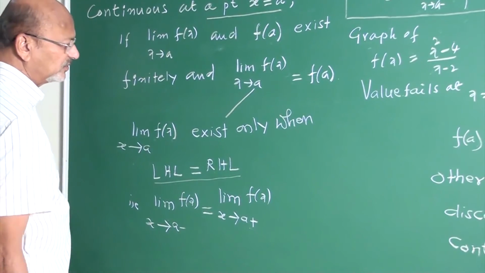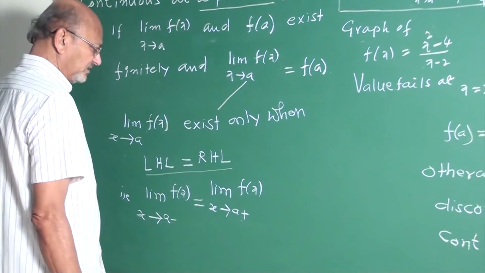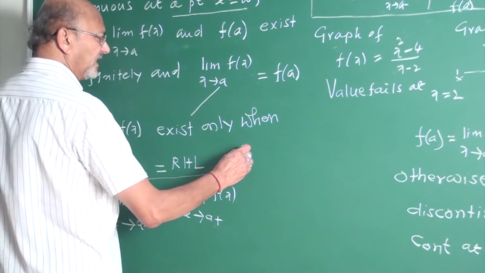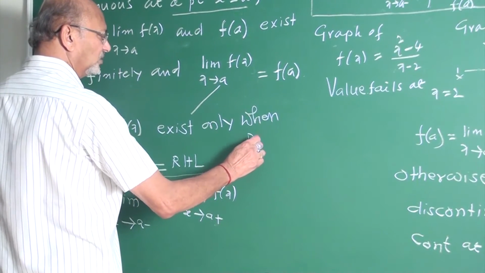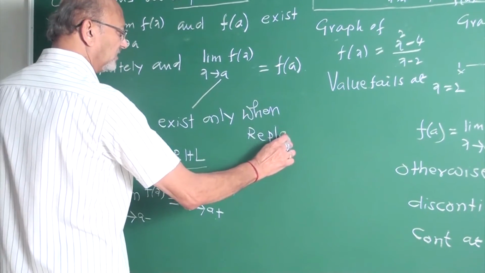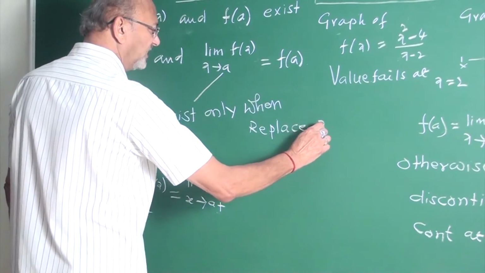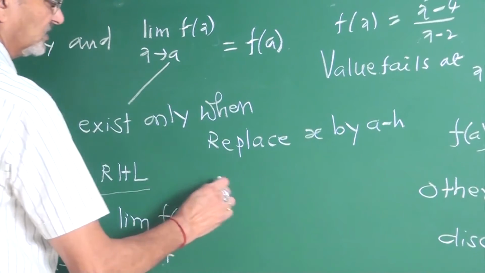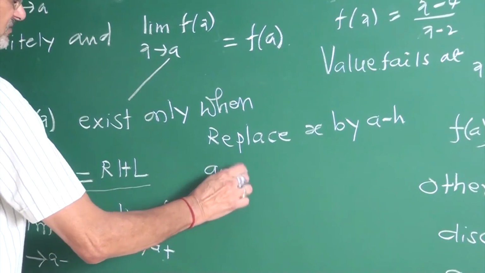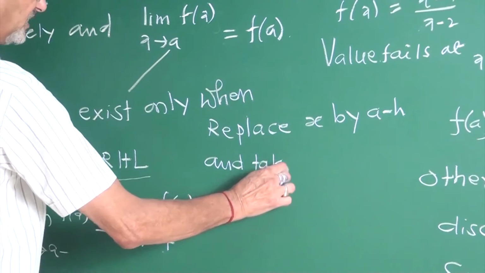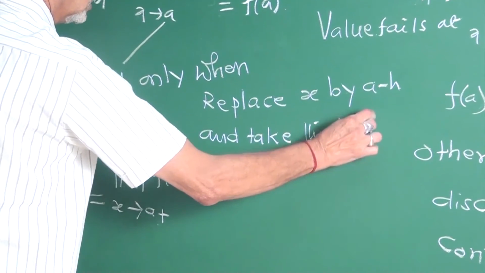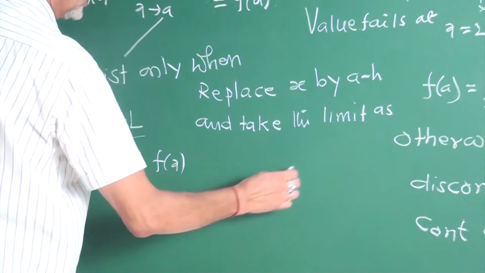The next thing I have explained is how to find the left hand limit and the right hand limit. To find the left hand limit, replace x by A minus h and take the limit as h tends to 0.